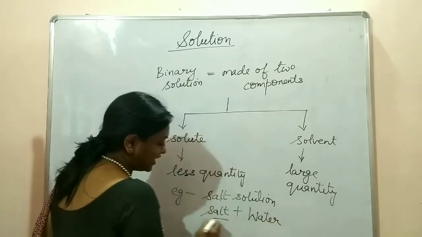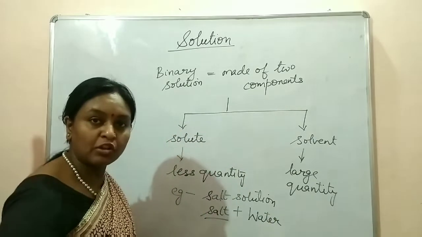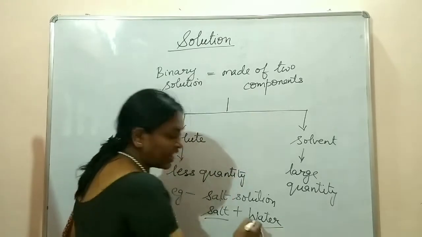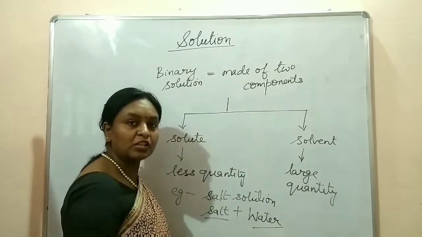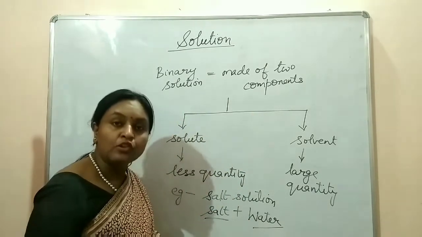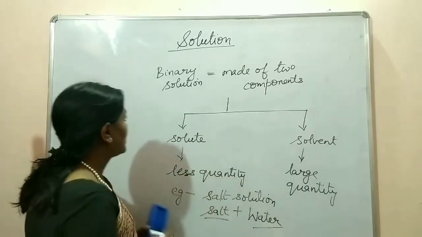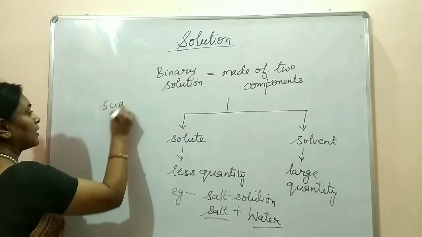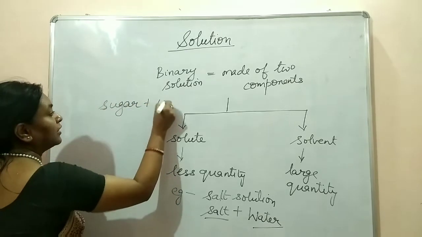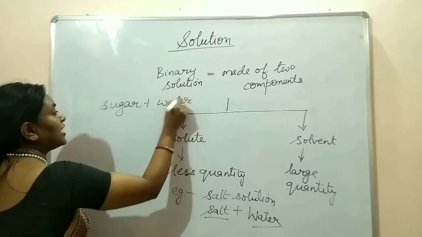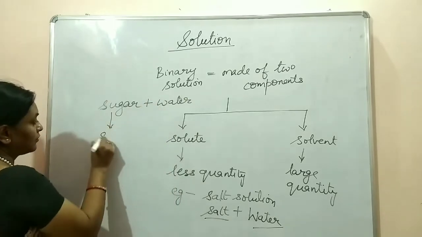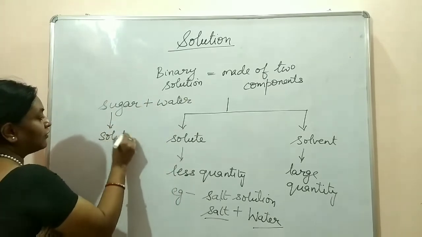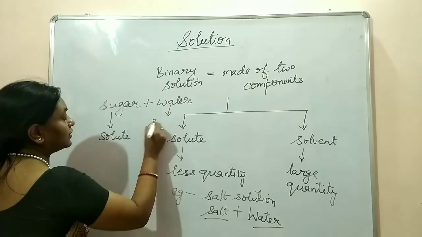So salt is in less quantity, so it is known as solute, and water is in large quantity, so water is the solvent. Similarly, in sugar solution you have sugar plus water. So sugar is the solute and water will be the solvent.